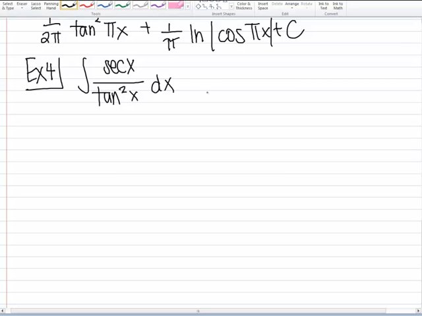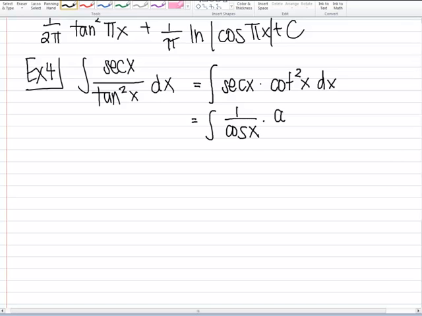Let's try using some other trig functions in here. Because my tangent's on the bottom, and the derivative of tangent is secant squared, that doesn't quite work out. I'm going to try something else. I'm going to write this as secant x times cotangent squared x dx, and then secants are 1 over cosines, cotangents are cosines over sines.